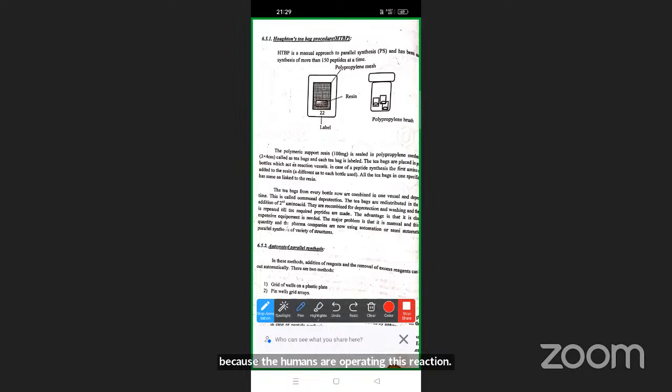Commonly, some human errors will take place, so the reactions or the products are not precise. That is the main disadvantage of this method. Because it is a manual method, the quality will not be good.